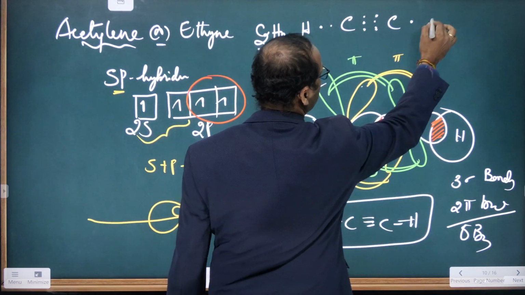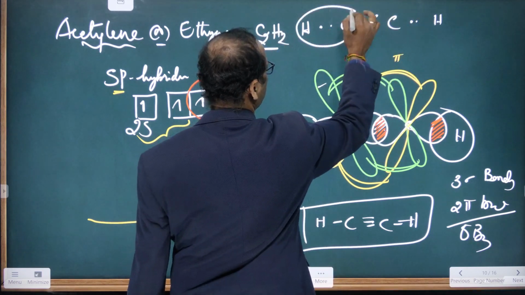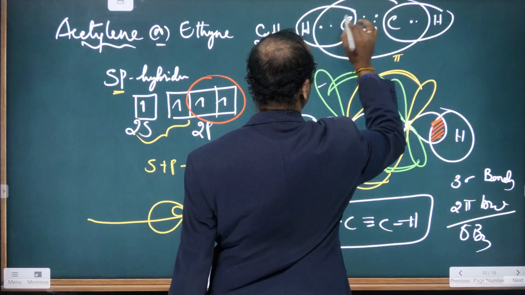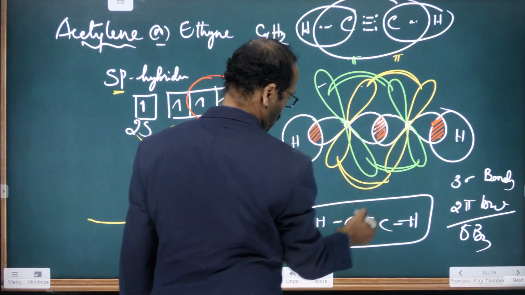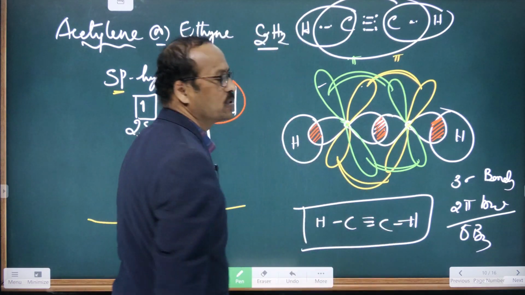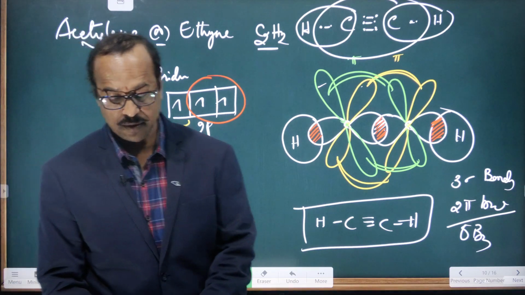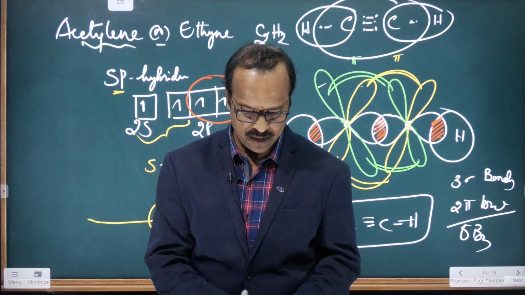Here this is 1 hydrogen, so hydrogen, 1 electron. Now the bond is formed between these 2, between these 2, and between these 2. So here 1 bond, here 3 bonds, here 1 bond. So this is the formation of ethylene, sorry, acetylene or ethyne.